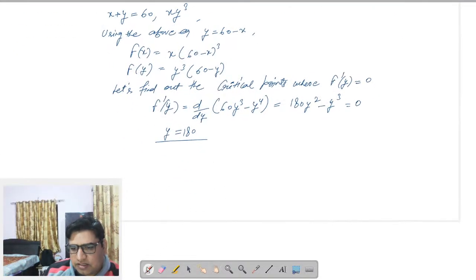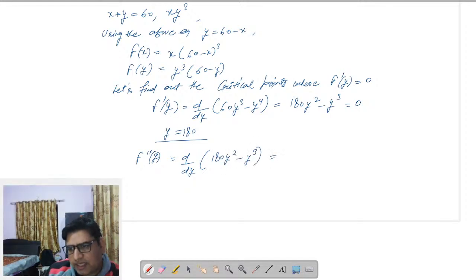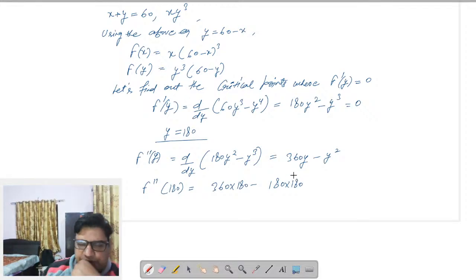ठीक है, and we can find out the second derivative of the function in order to check whether the given value is maximum or minimum. ठीक है, so f double dash y is equal to d by dy of 180 y square minus y cube, and that will be 360 y minus y square, and if we substitute 180 into it, that will be 360 into 180 minus 180 into 180, and 180 into 180, 18 into 18 is how much?